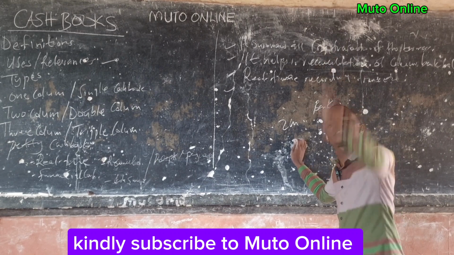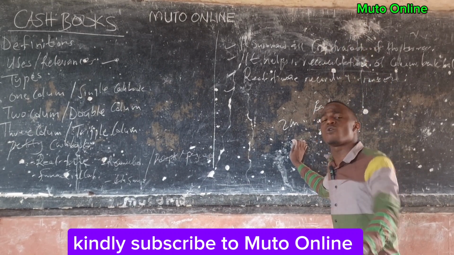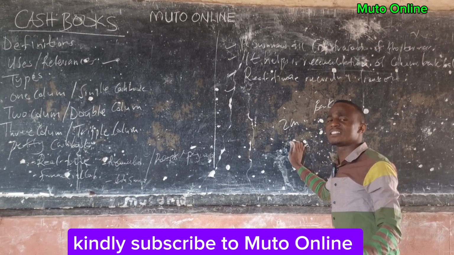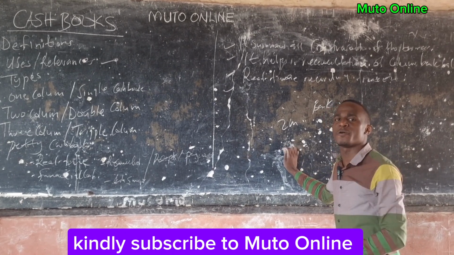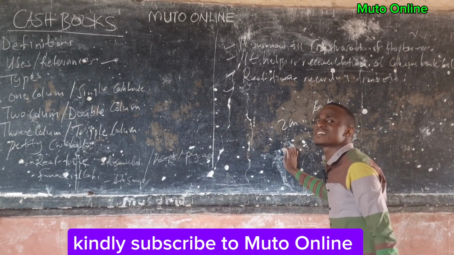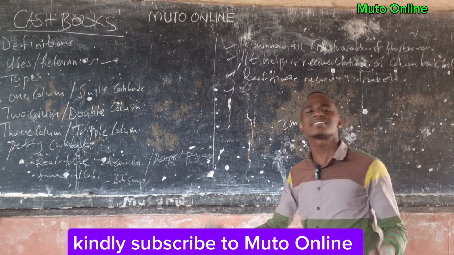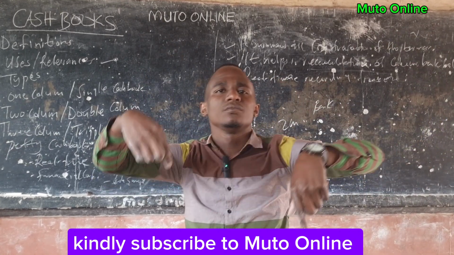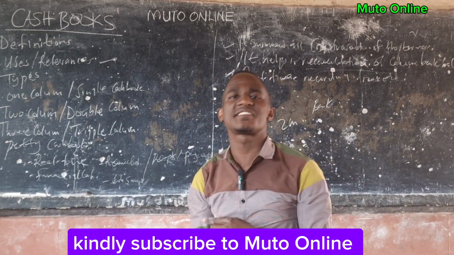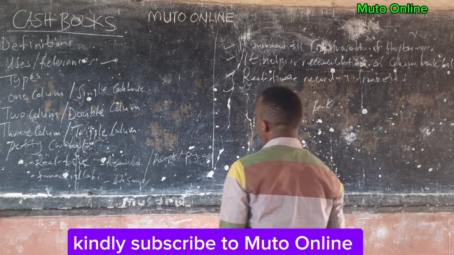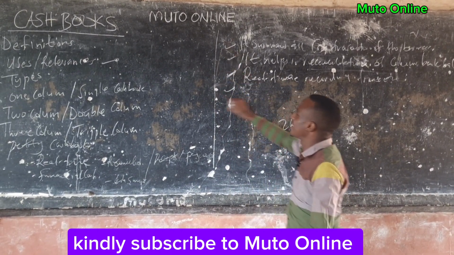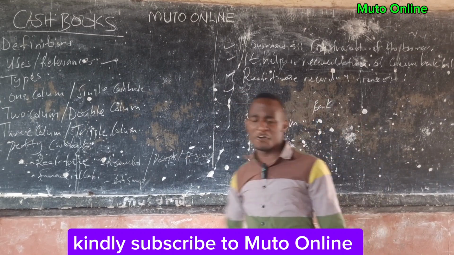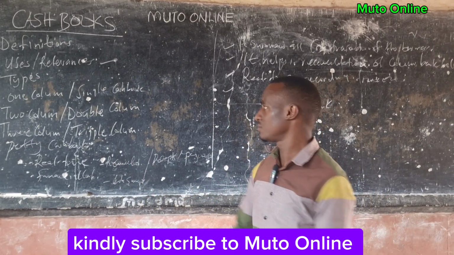Remember, a business cannot move forward well if its capital is at a minimum level. A business always makes profit when the business has enough capital that helps it to run its business. In further details, in simple terms, that is the use of any cash book.